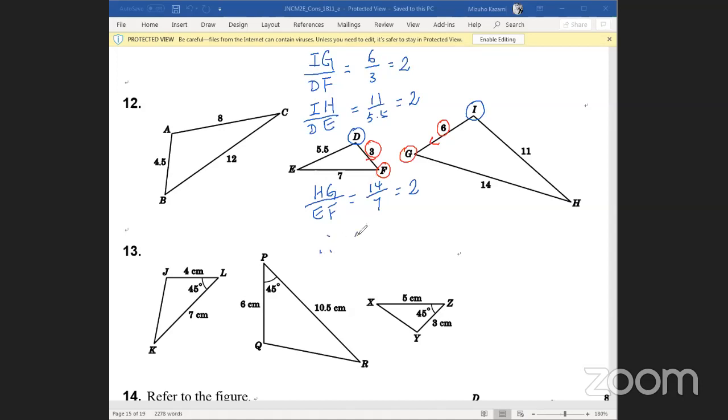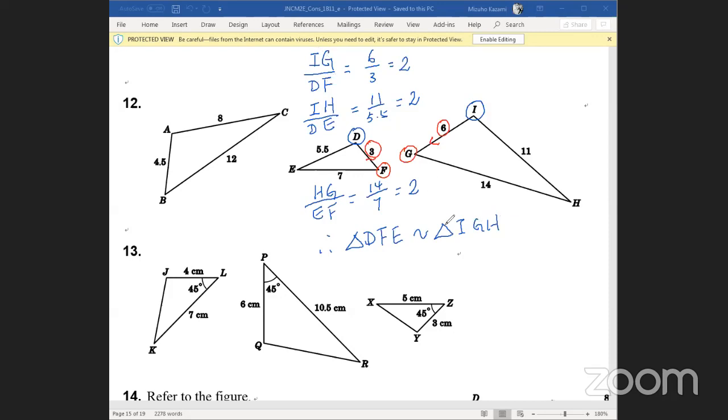Therefore, in this case, triangle, I can just follow this one, DFE, similar to triangle, follow the color, IGH. Is this correct? Now you can double check the length.